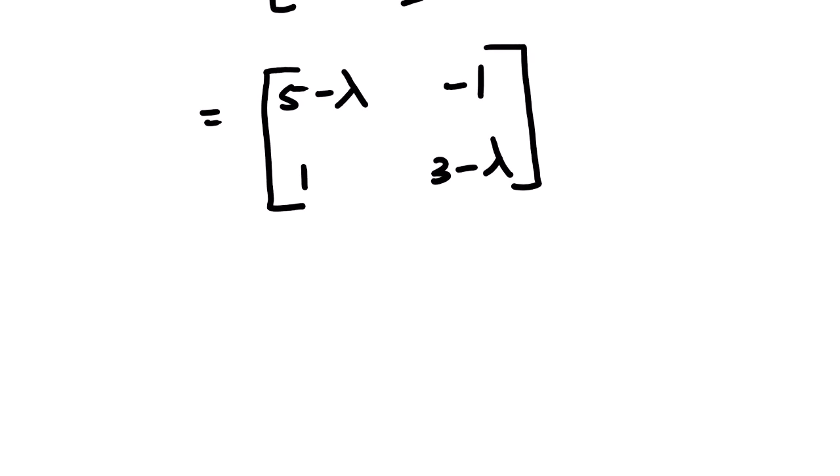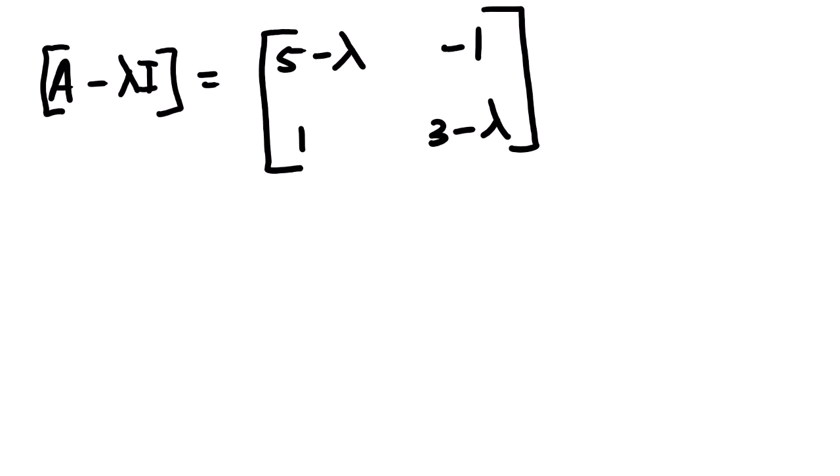This is our characteristic matrix. From here we proceed to find the characteristic polynomial, which is the determinant of this matrix.